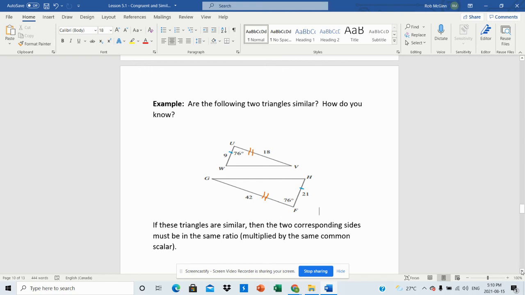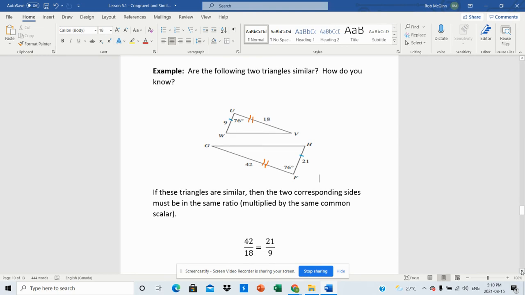So we're going to put our ratios in here for our two sides and see if we have the same common scalar. And so here, 42 divided by 18 should equal 21 divided by 9 if these are similar triangles. We know the contained angle is the same, so we just have to prove those two sides are in the same ratio.